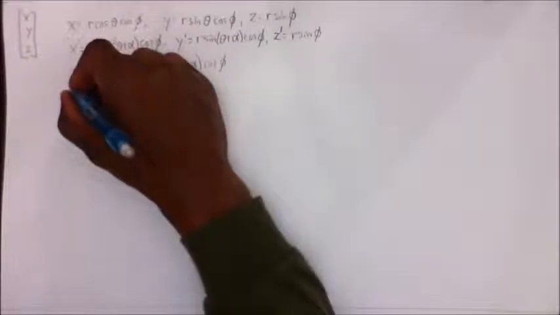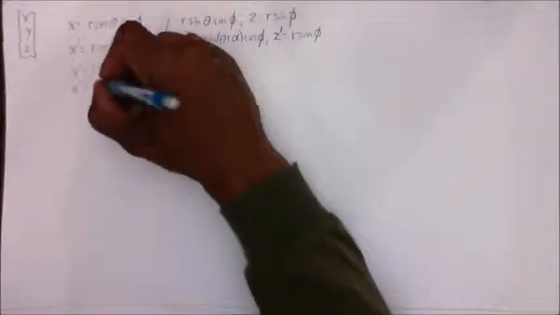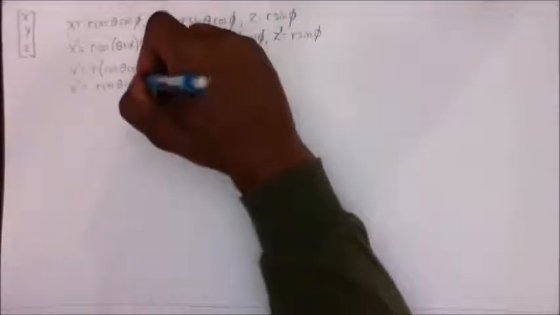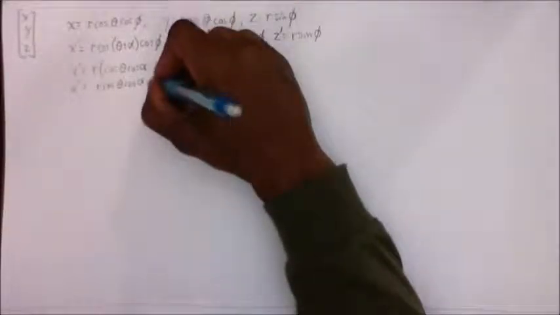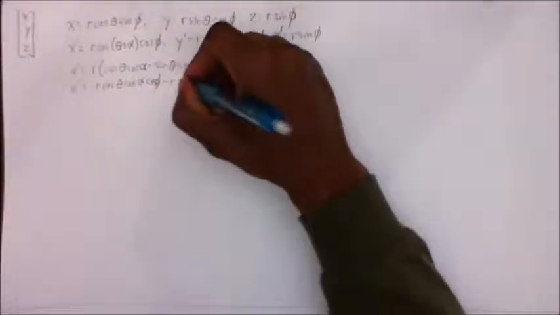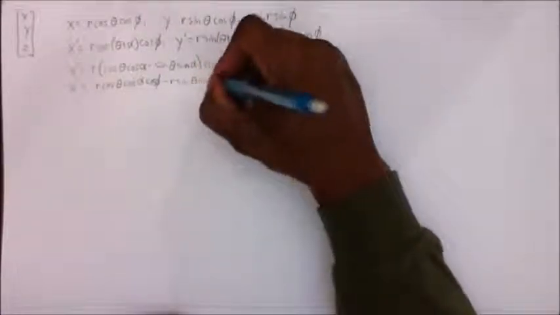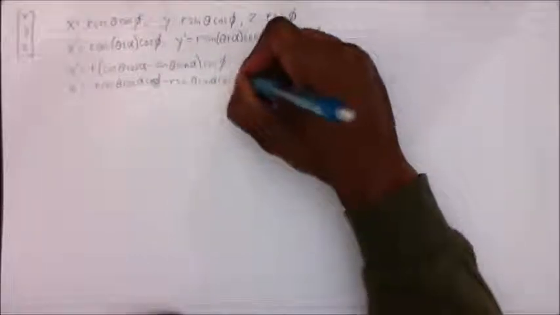So x prime is equal to r cosine theta cosine alpha cosine phi minus r sine theta sine alpha cosine phi.